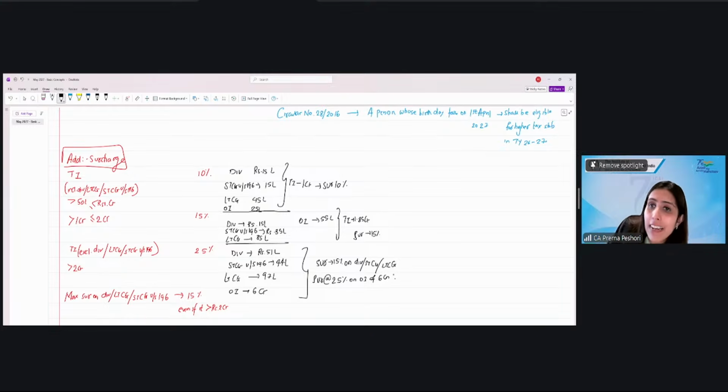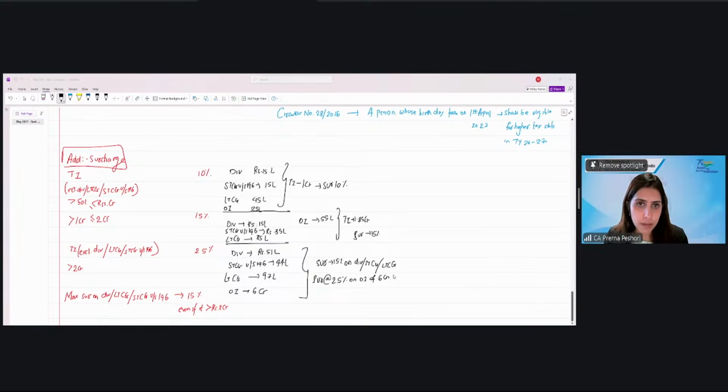If the total income excluding dividend is more than 2 crores, then the surcharge will be 25% on only that other income. If my total income including dividend is less than 2 crores, then surcharge will be 15%. Are we getting this point?